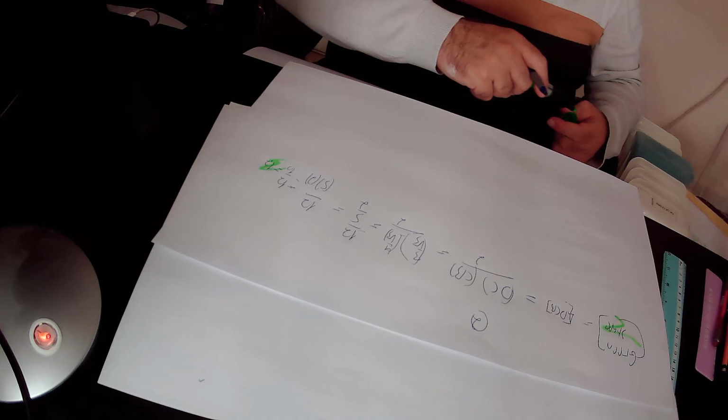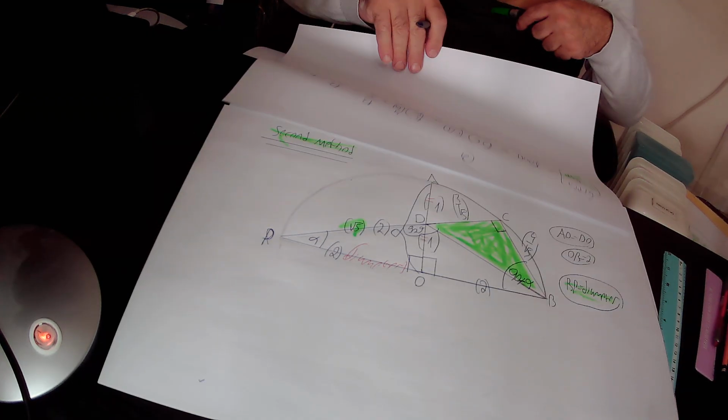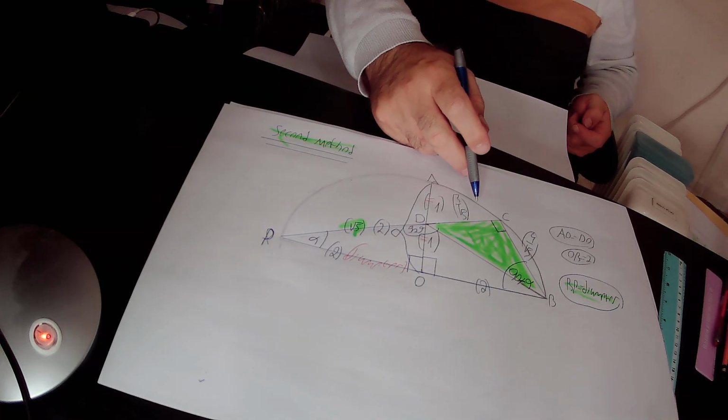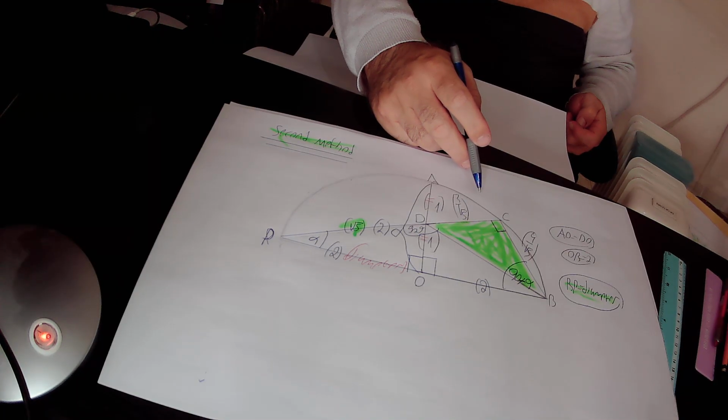So in both methods, you find that the area of this green shape is equal to 1.2 square units in size.